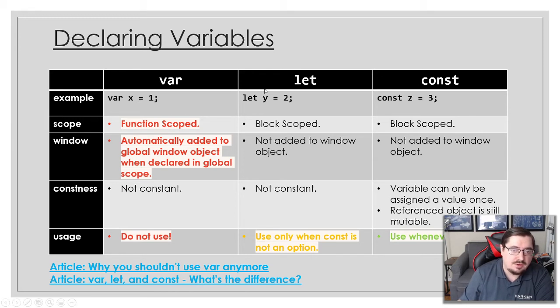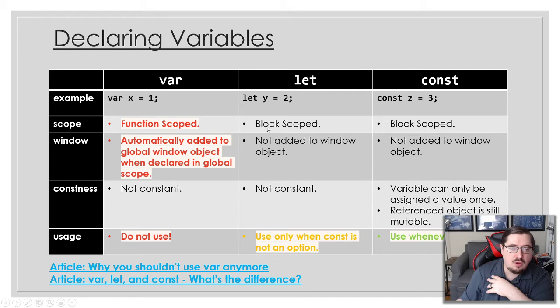So coming back to let. Let is very, very similar to var, the difference being it's now block scoped. So it's scoped to the block that you declare it in. It's not available outside of that scope, the same way you're used to working with variables in Java, C#, and most other high-level languages.